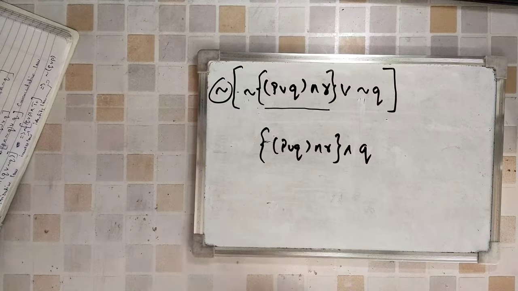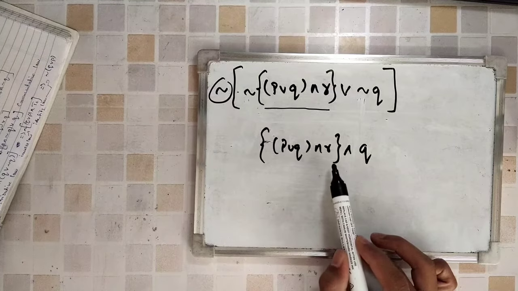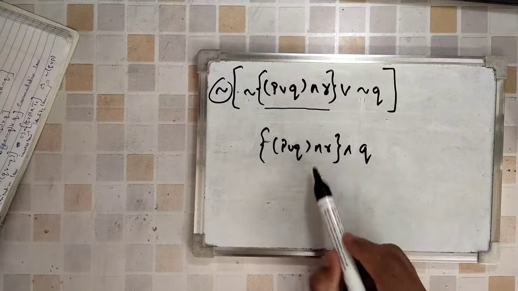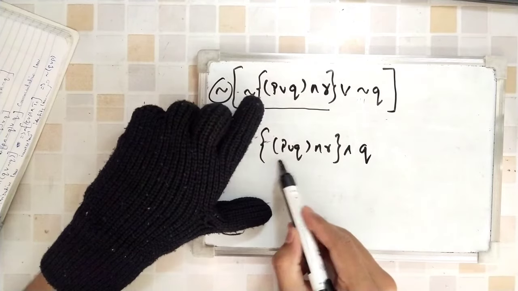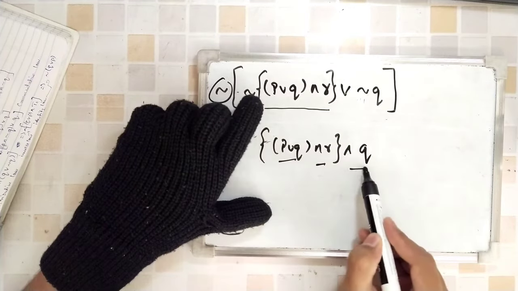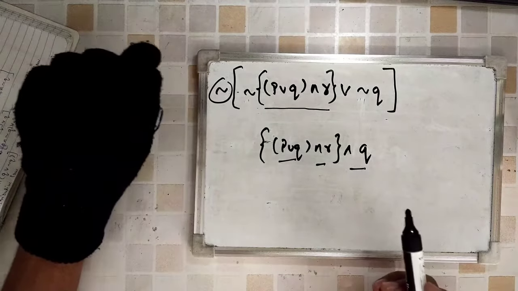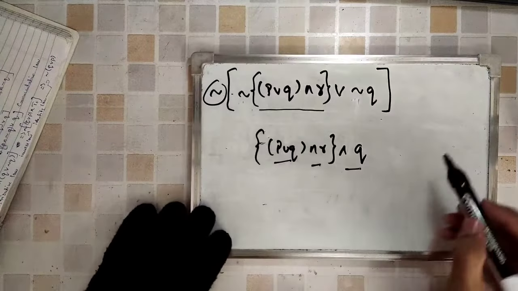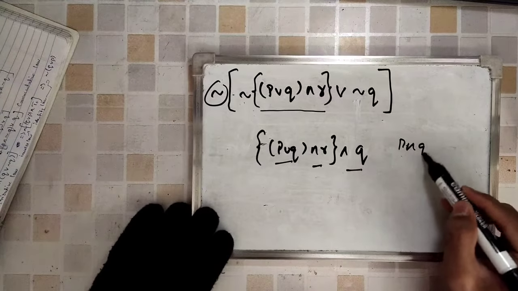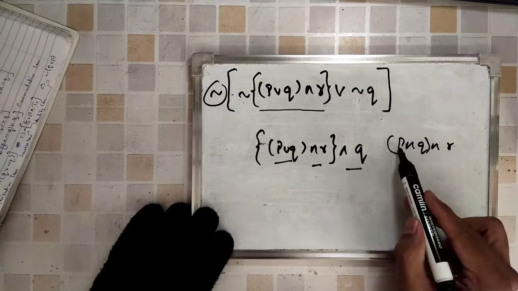So now we have (P or Q) and R and Q. If I take out this bracket, this is one term, this is one term, this is one term. Since all three are joined by and, I can apply the associative law here. You know the associative law, right? P and Q and R, if it is like this, it is like this only.